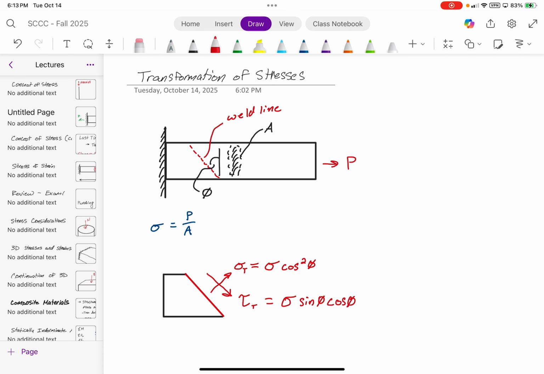Take my word for those equations. There's a lot of math that goes into solving those, but just take my word. Now, one thing you will note is this is explicitly for a case of uniaxial loading.